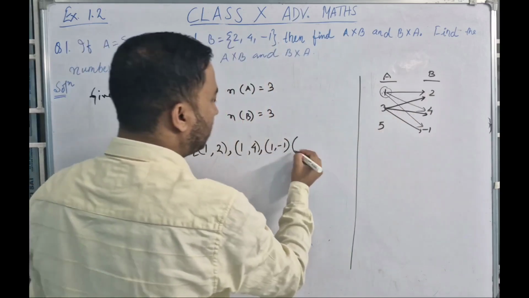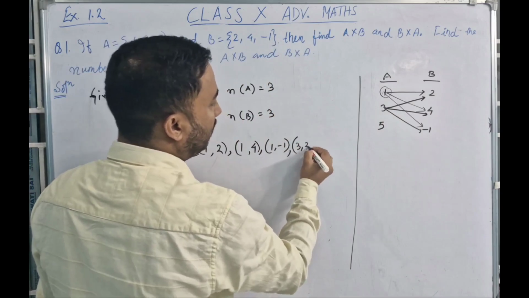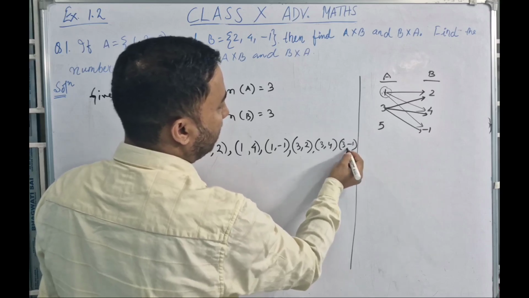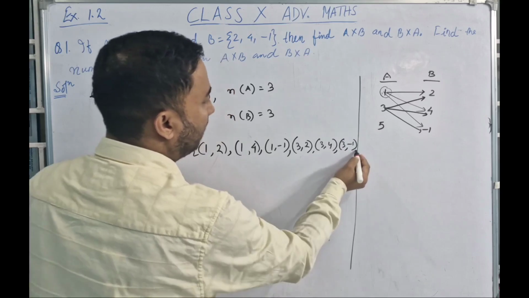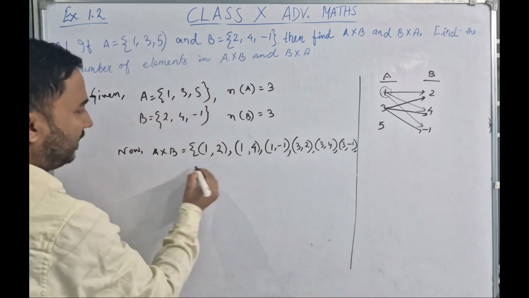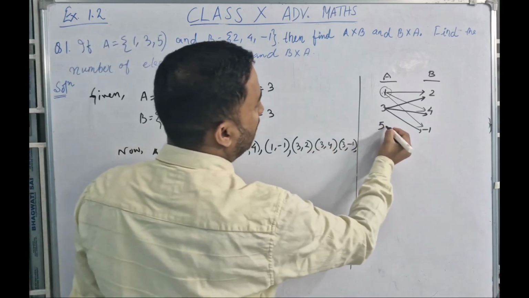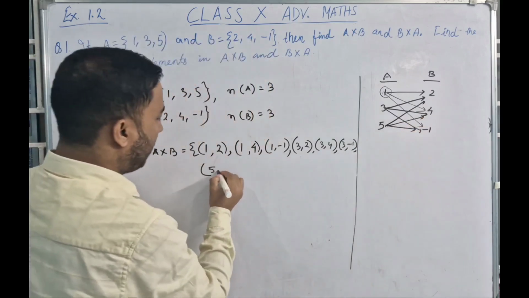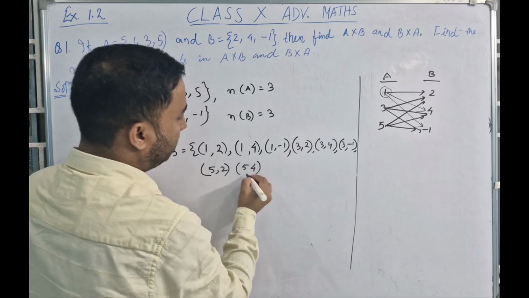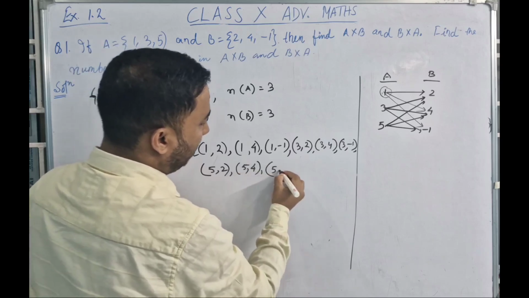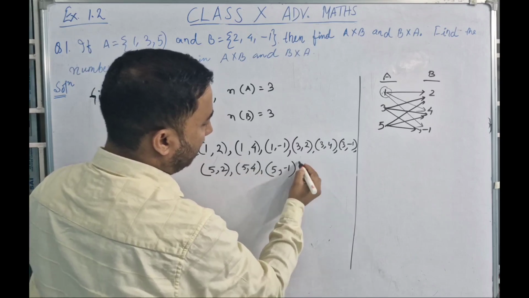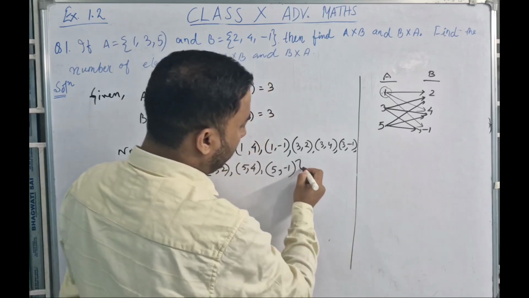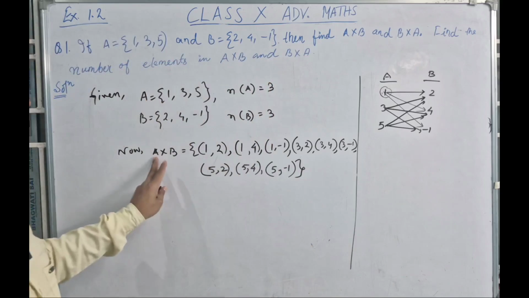After this I am writing again here: for 5 the ordered pairs are (5, 2), then (5, 4), then (5, minus 1). After 5, do you have any other elements in the set A? No elements, so just close the bracket. So this is the set A cross B.